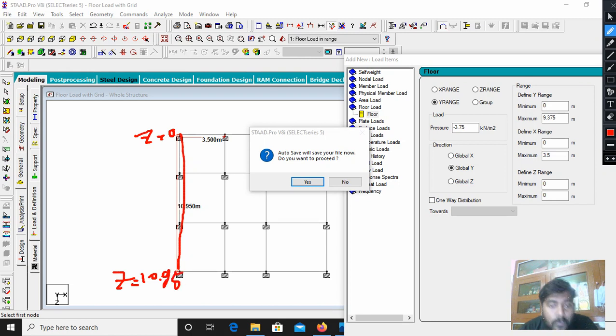So if we give the value of the z range here, the minimum will be 0 and the maximum will be 10.95 in the z range.